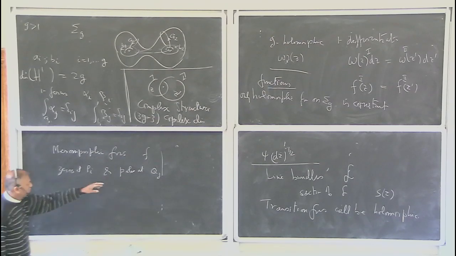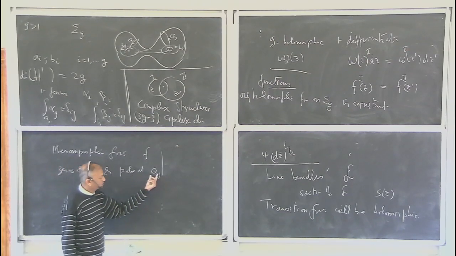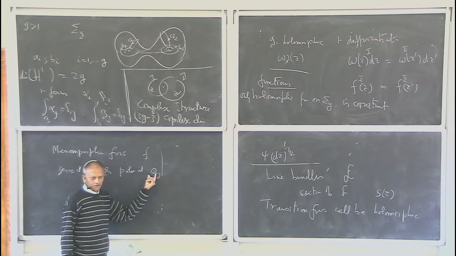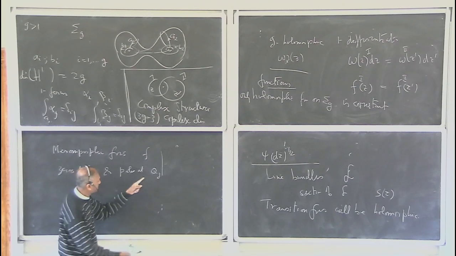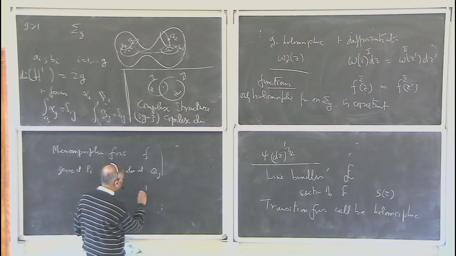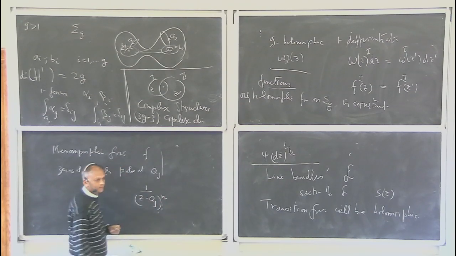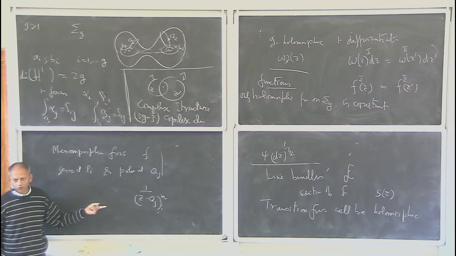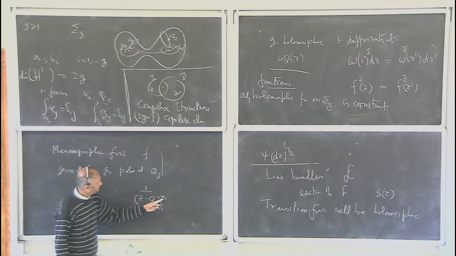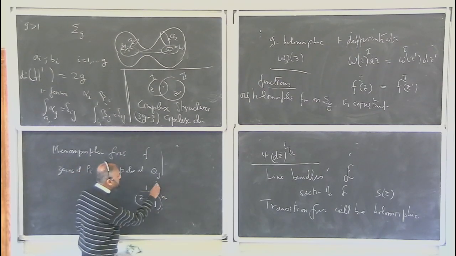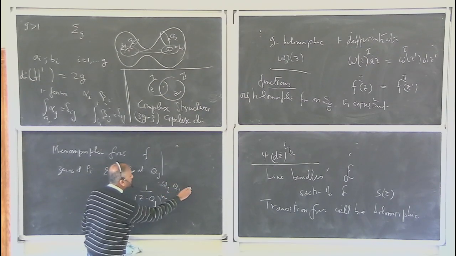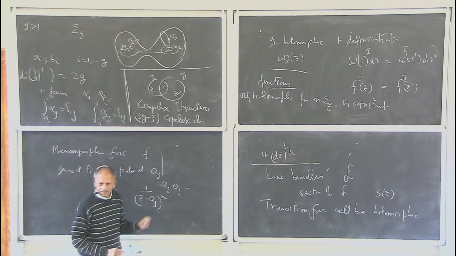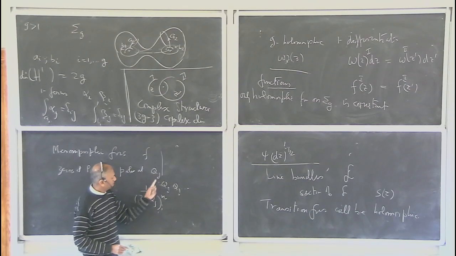Some of these poles may be of higher order. If it is an nth order pole, that means near the point q_j, the function goes like z minus q_j to the power of n. What I will do is call this n times q_j. In other words, I put q_j several times, n times. So I'm going to count this with multiplicities.